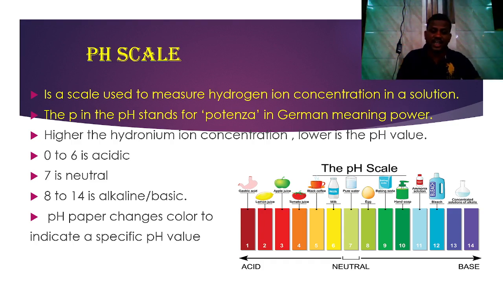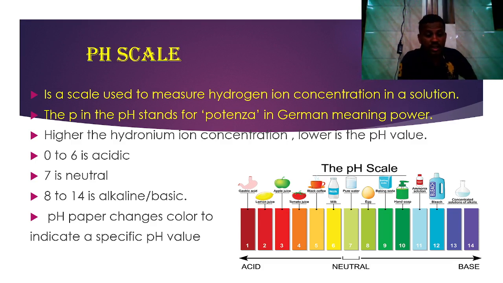We are going to analyze the pH scale from 0 to 6. In the picture on your right hand side, below the sentence, you can see the pH scale from 0 to 6. It is known as acidic: 0, 1, 2, 3, 4, 5 and 6.